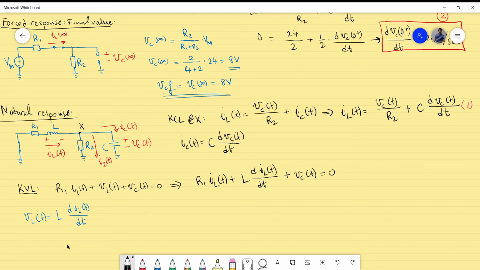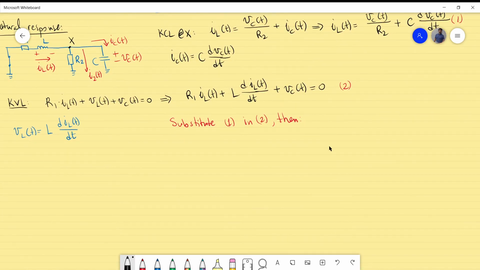And if I now substitute this completely in here, so I make this formula 2, what do I get? So I will say substitute 1 in 2, what do we get?